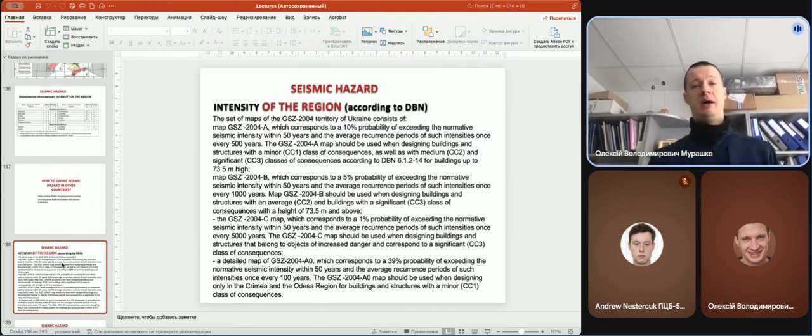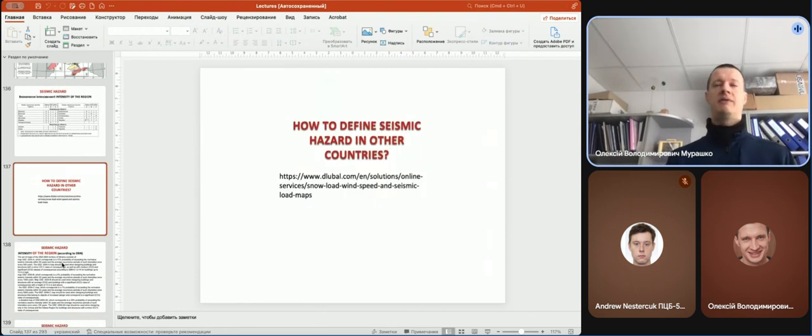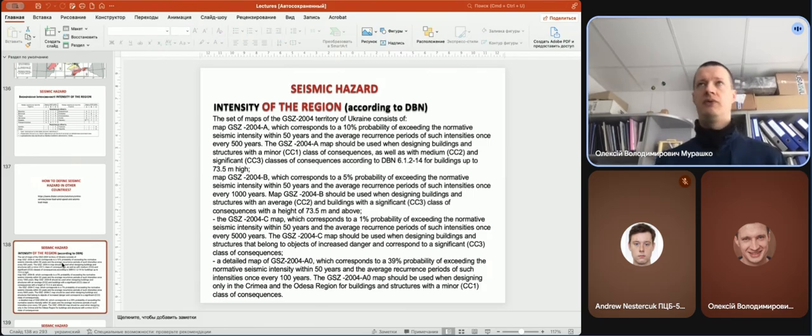Or if we are designing for international companies or somewhere abroad, we can use global software or a global online service, which helps also to define the seismicity of the exact seismic region.